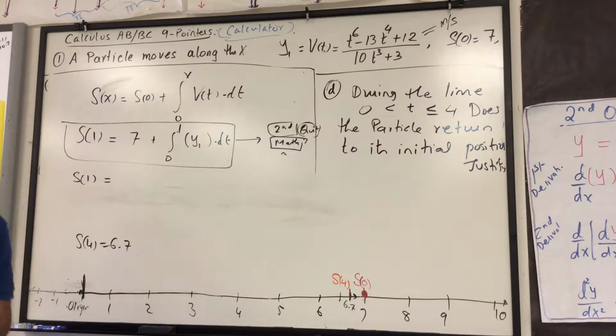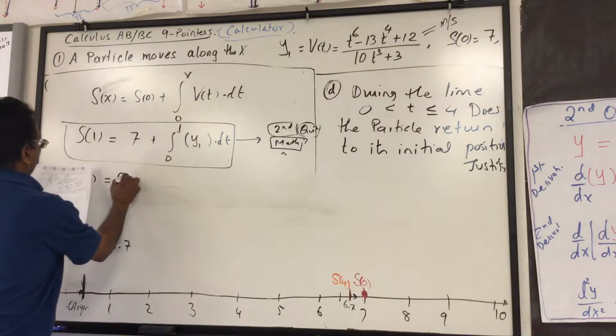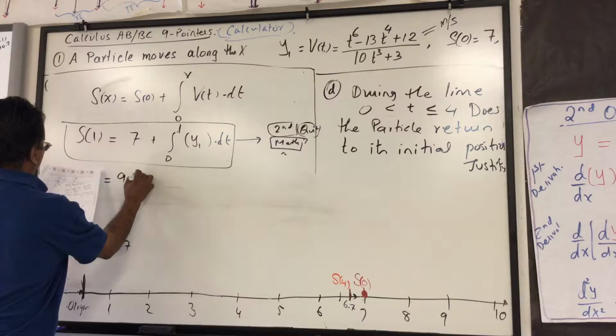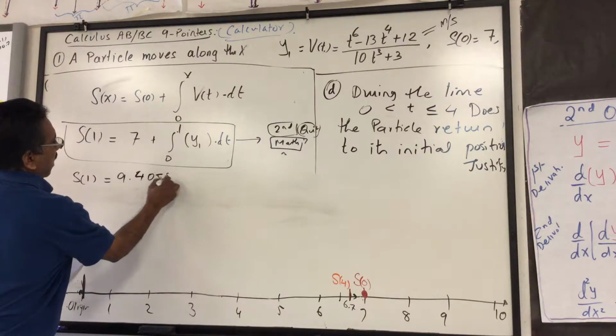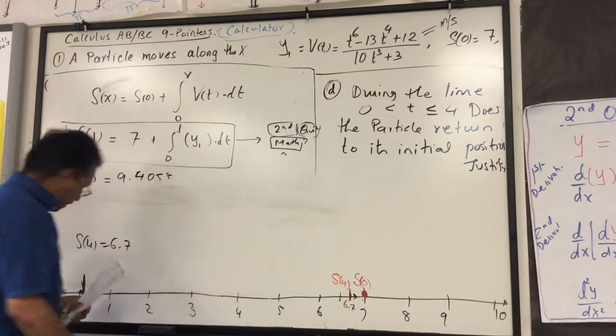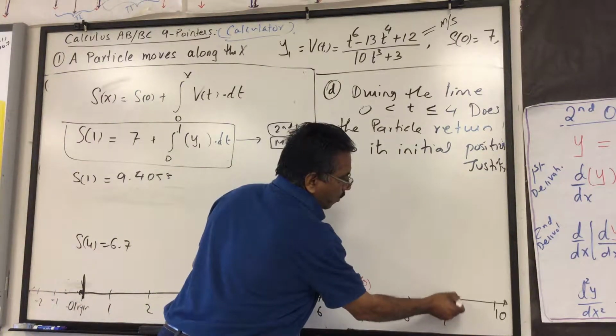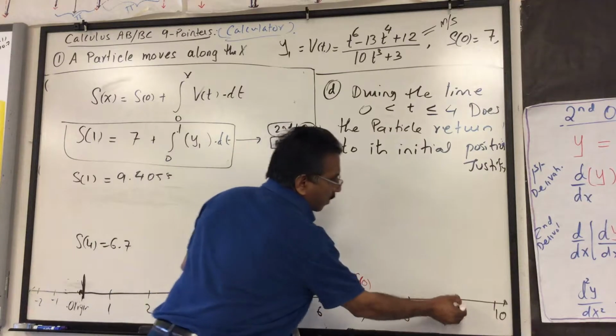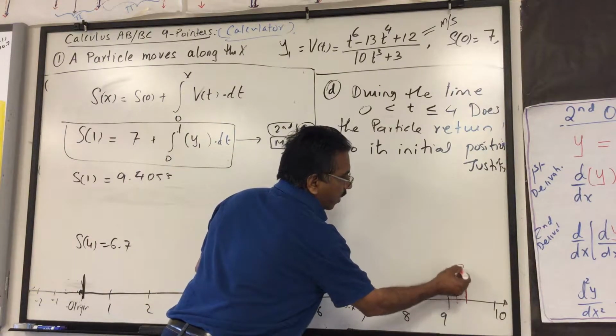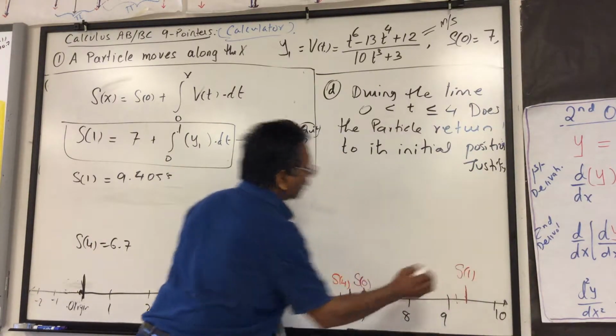The answer that you're going to get is 9.40, of course 0.55. That means the particle is somewhere here. So 9.4 will be somewhere here. This will be your S of 1.